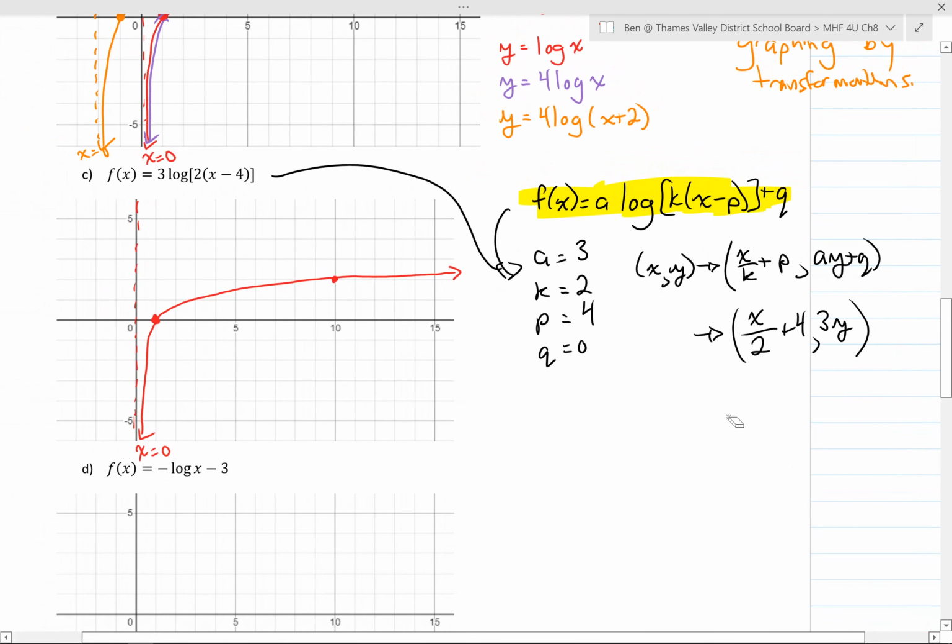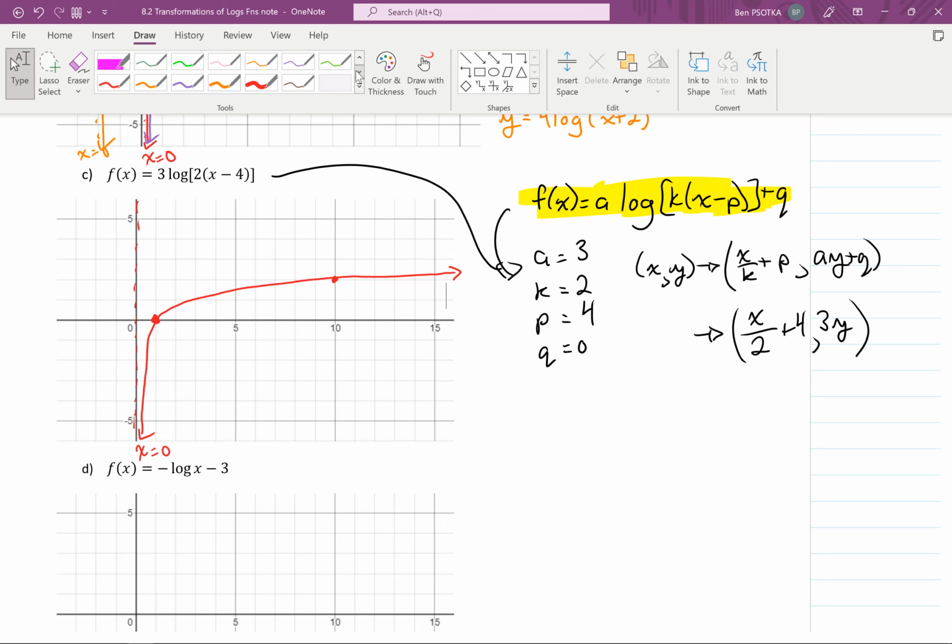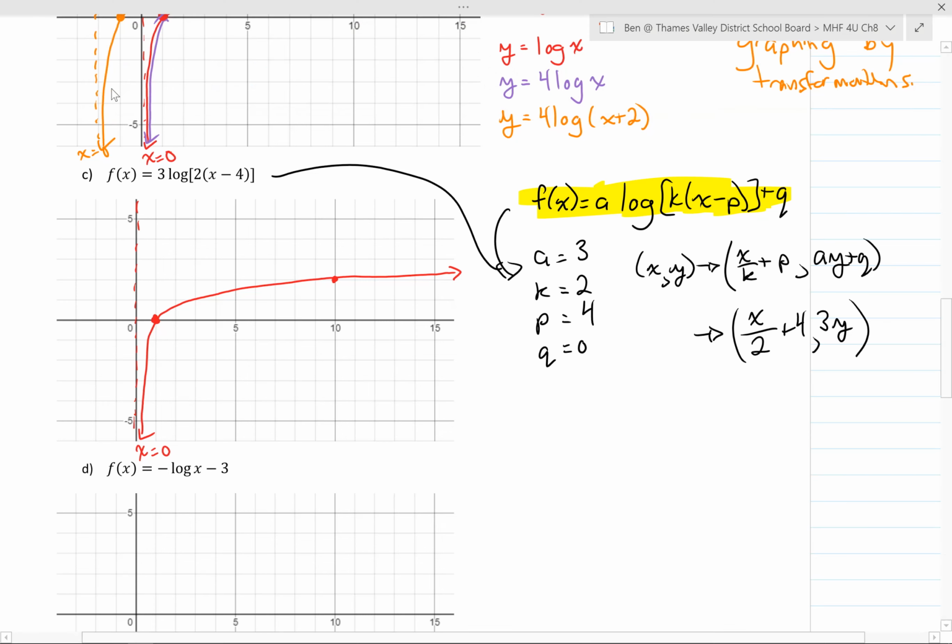And then I can input these 2 points from my base function, which again, I'm working with, okay, so that's 10 to the exponent 0 equals 1, 10 to the exponent 1 equals 10. So these 2 points that I'm working with are going to be (1, 0). I'll see how that transforms. Okay, well, that's 1 over 2 plus 4, 3 times 0.